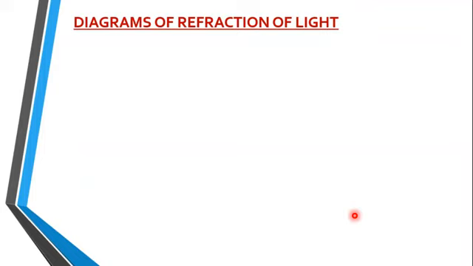Failure to go by these instructions in answering questions regarding the diagrams of refraction will cause you to lose significant marks. So please, be sure to follow me as I explain the diagrams. That's why I pointed out earlier that watching the video gives you an advantage in fully understanding the concept better than just mere reading and looking at the diagrams.